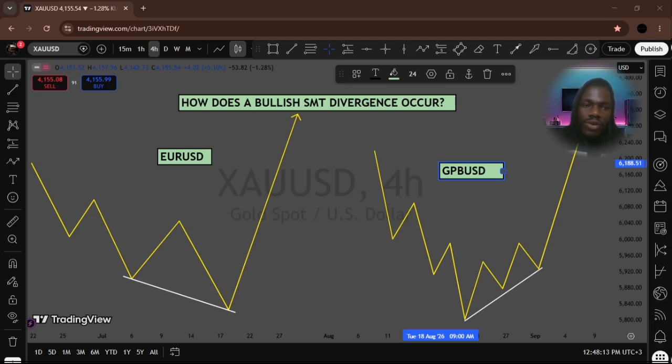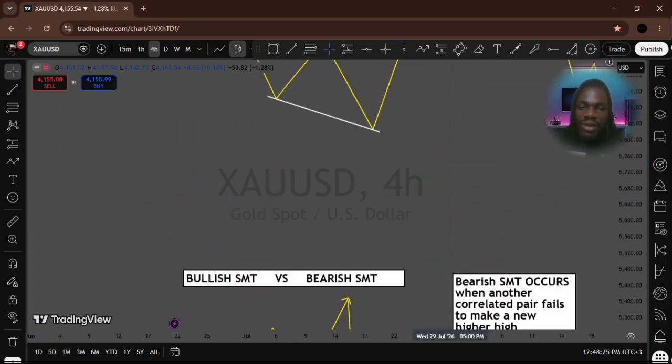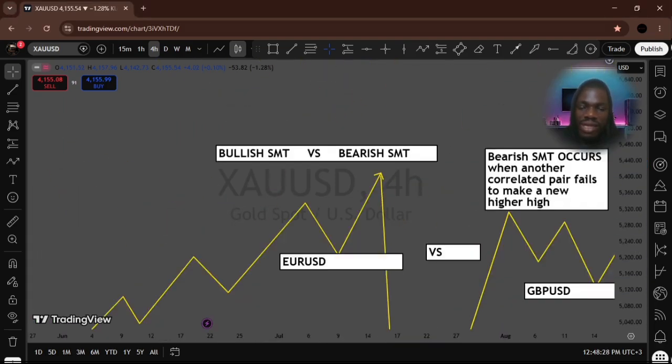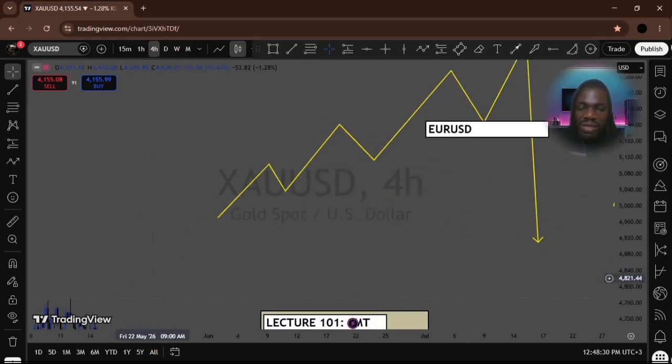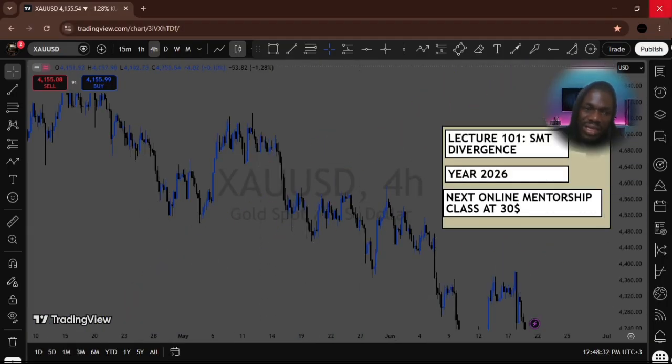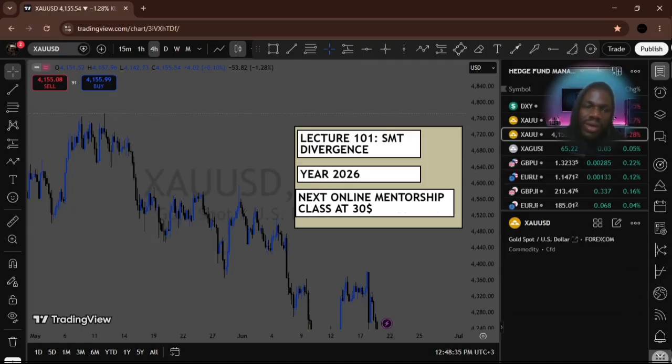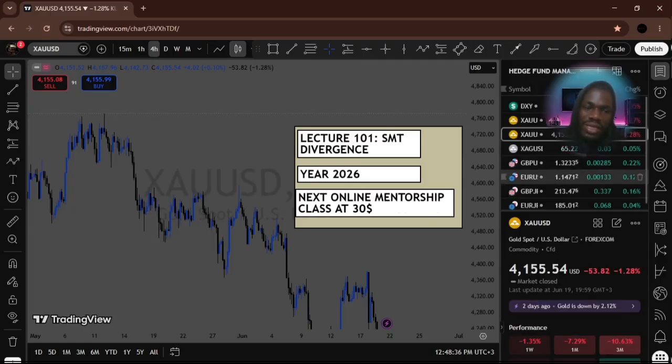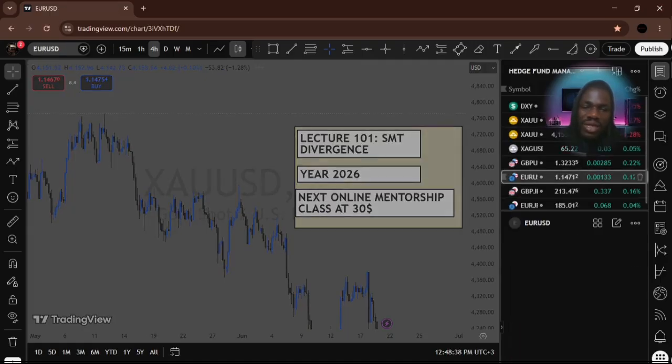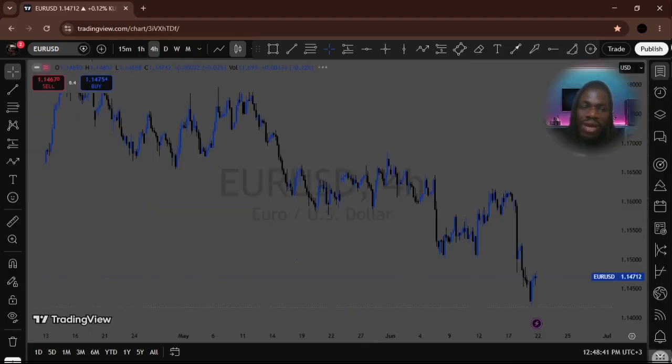If we go live with practical examples on the live charts, let's take a look at EUR/USD. As we have said, let's begin with it. EUR/USD, how is it occurring?